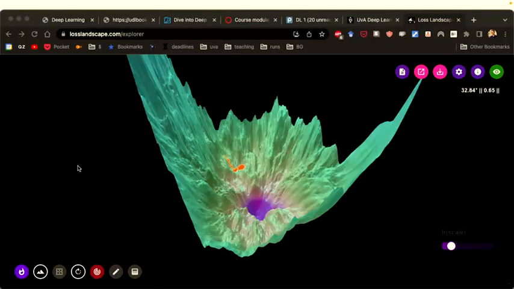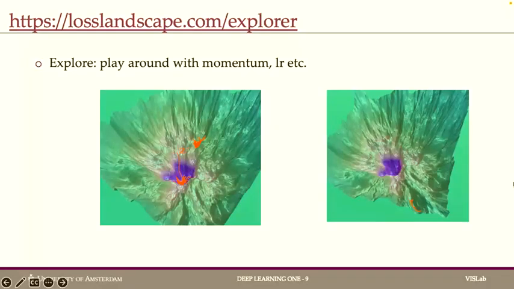Yeah, we will go to that in this lecture today. Yeah, so you can actually explore how this is visualized. The learning rate is not a parameter, right? The learning rate is a hyperparameter.